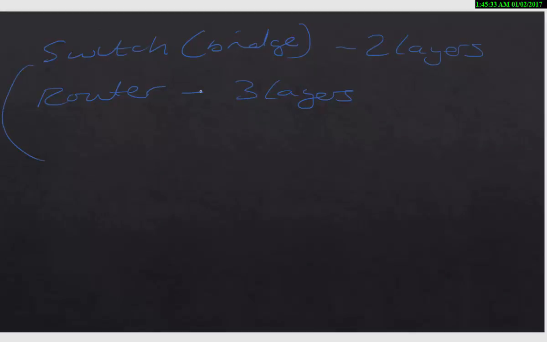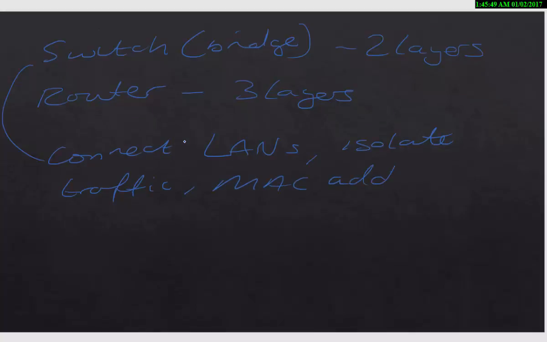So switch or bridge, a router, and then you could explain that this router works at the 3 layers, and this is 2 layers, and you could explain that this is to connect LANs, isolate traffic, but it works with MAC addresses, so it doesn't deal with aliases, no host IP address dealt with.